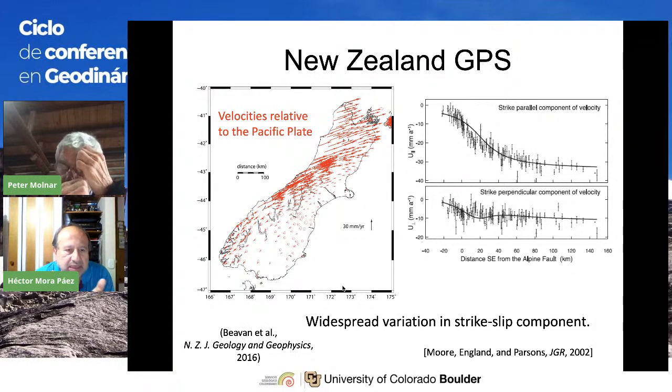But we have some special conditions that don't permit us to install stations there. But in order to make some comparison, that's why my question, I understand that the velocity rates there are larger than ours. But okay, it's interesting to compare. Yes. Thank you, Peter. I agree.